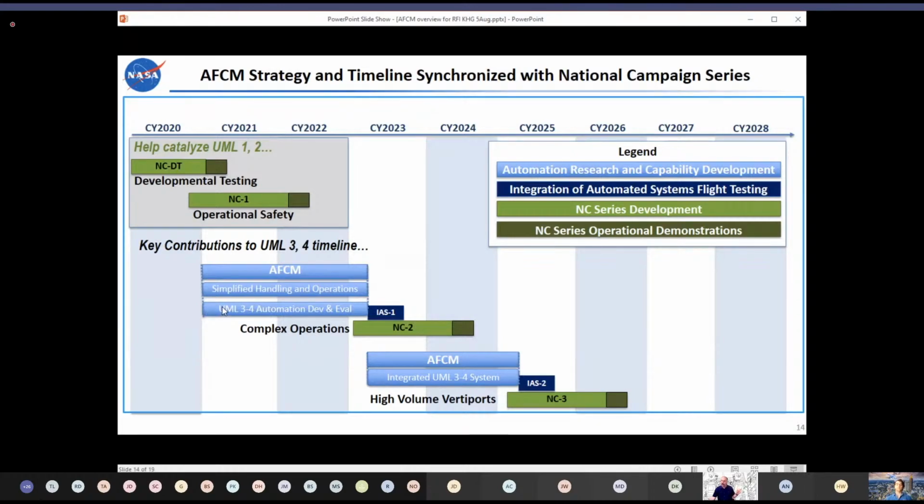And then the more integrated concept of looking at the UML 3 and 4 sorts of capabilities is focused on initially developing and evaluating those technologies in the context of building up to the first flight opportunity in 2023. And then going on beyond that, these two lanes of research become integrated. And at that point, we're looking at an overall integrated solution to enabling those UML4 operations.